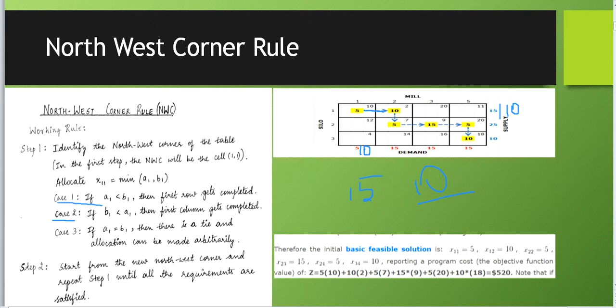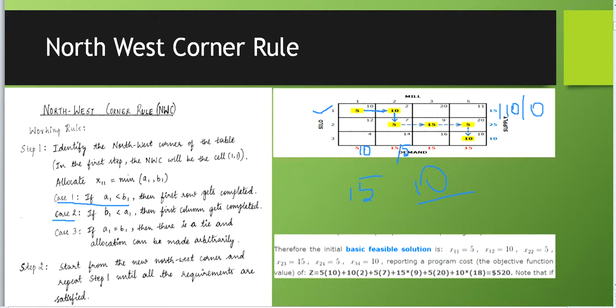Case 1 is, if your supply is less than demand, then you have to complete the row. That means ignore this row now and move to the next row, or in other words, move vertical. So 15 minus 10 leaves 5 here. Then 10 minus 10 gives me 0.